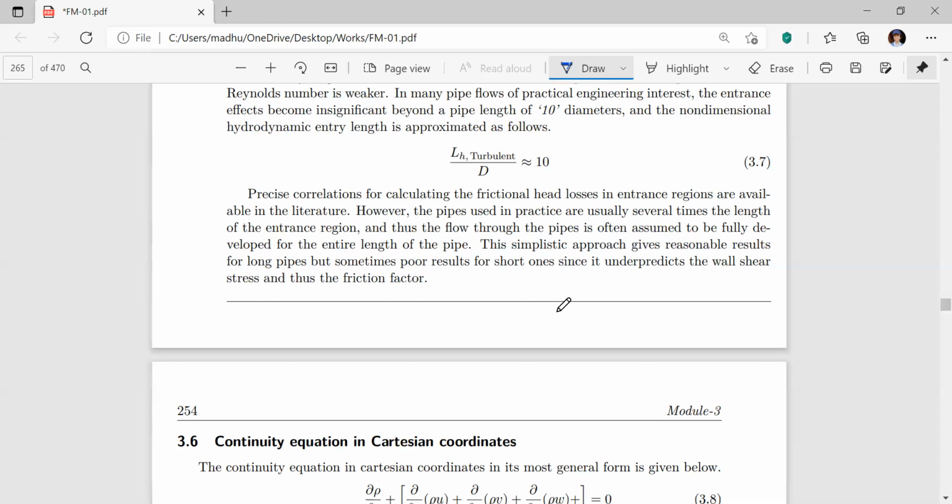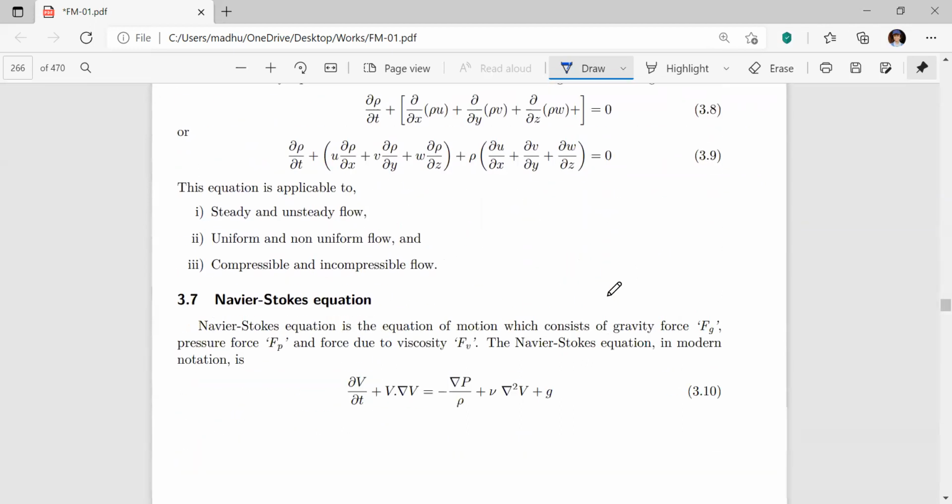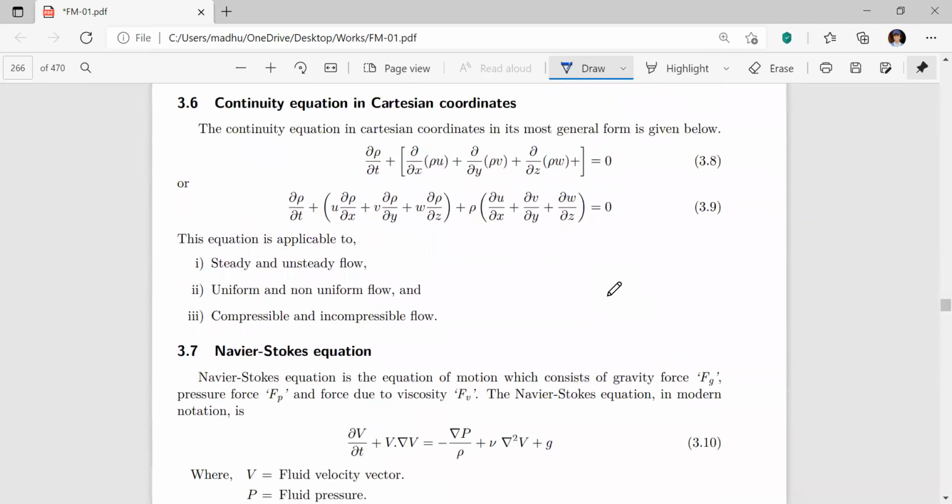This is the simplest approach. It gives reasonable results for long pipes, but sometimes poor results for short ones. And for practical applications, we generally do not use many short pipes. So that is only the theory that you have to go through.